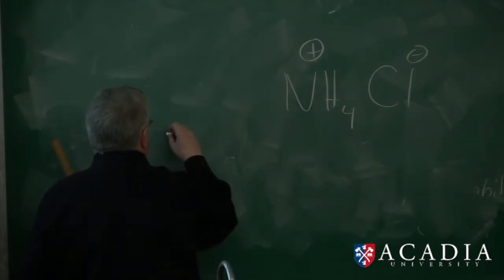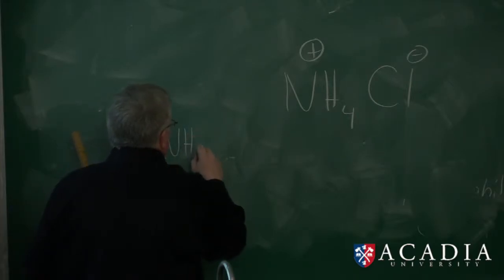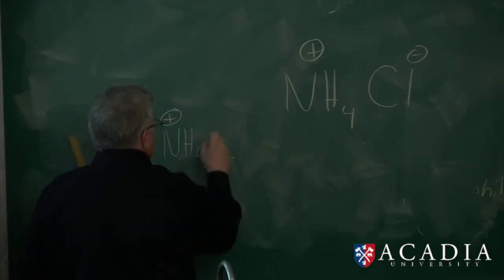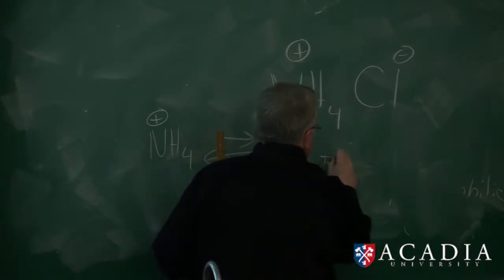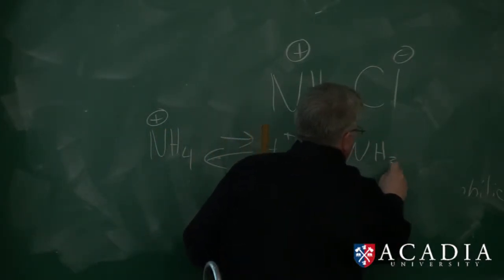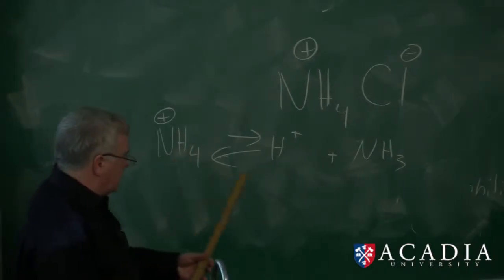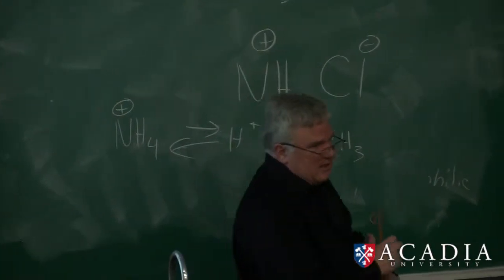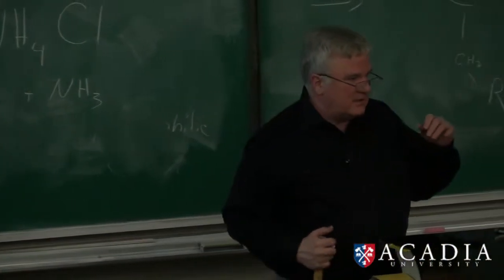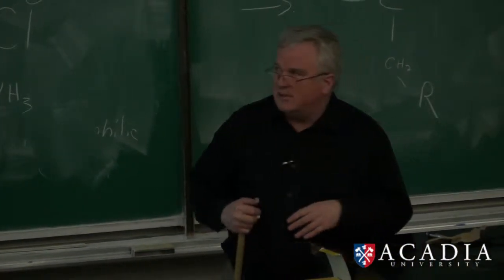Because we have this thing. We can think of NH4 plus reacting to give us H plus and NH3. This is our acid. This is our conjugate base. Okay, this is a source of H+. It's not a strong acid. It's a relatively mild acid.